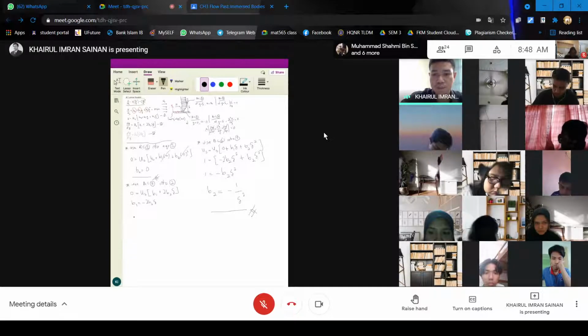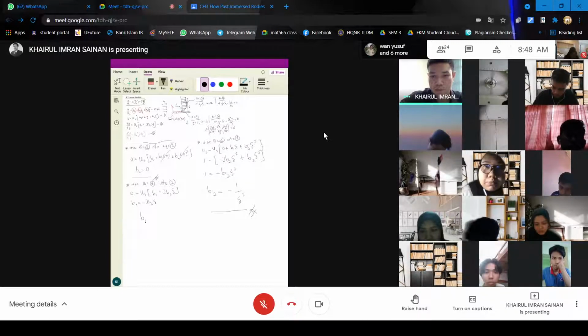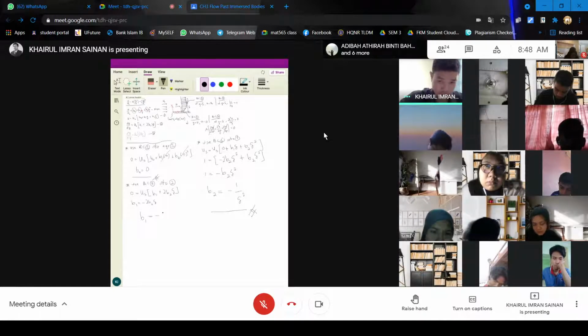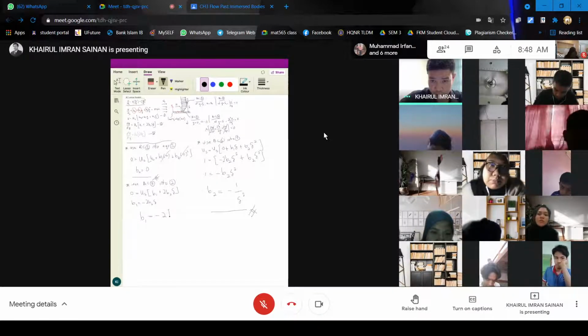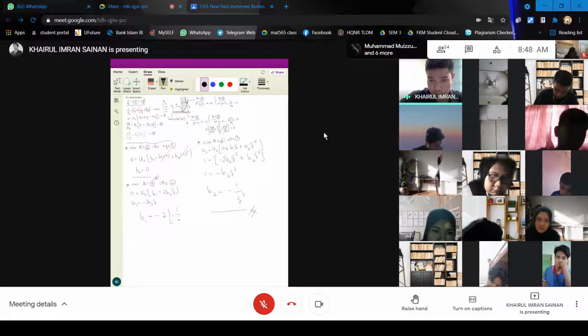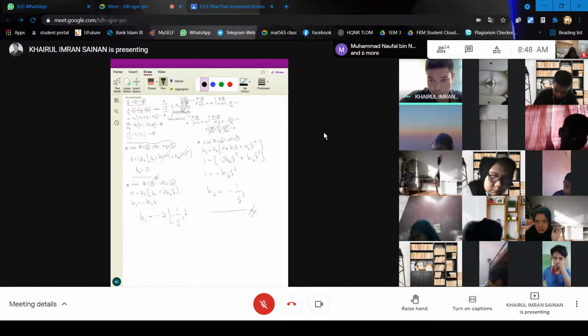So meaning you can find b1, right? We just replace this into this equation. Therefore, b1 equals to negative 2 times negative 1 over delta squared, multiplied with delta.